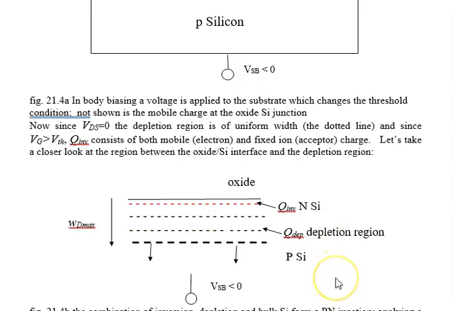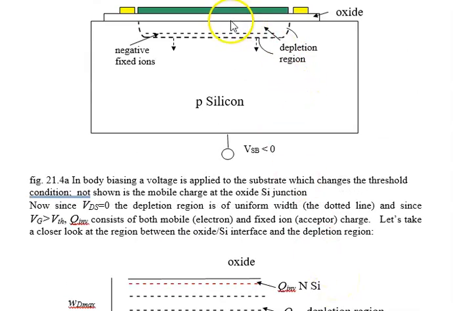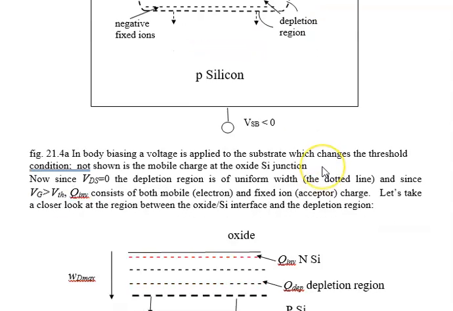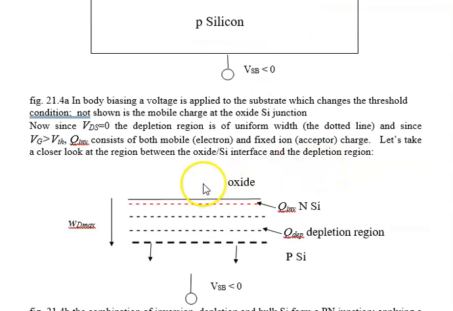One more little aspect of this. If we take this part right here and we blow it up, the oxide is on the very top. Here we're showing the mobile inversion charge explicitly, and here's the depletion charge, and here is the bulk. Well, we have a p-n junction. We have a p in the bulk. We have an n in the inversion charge.